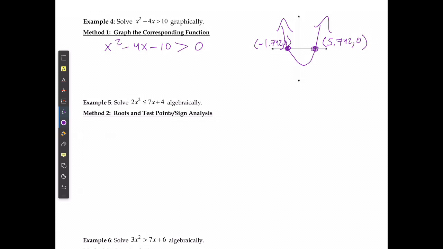So, when it says that this is greater than 0, when is the function bigger than 0? Here and here. So I can just say that it's going to be when x is either less than negative 1.742 or when x is greater than 5.742.